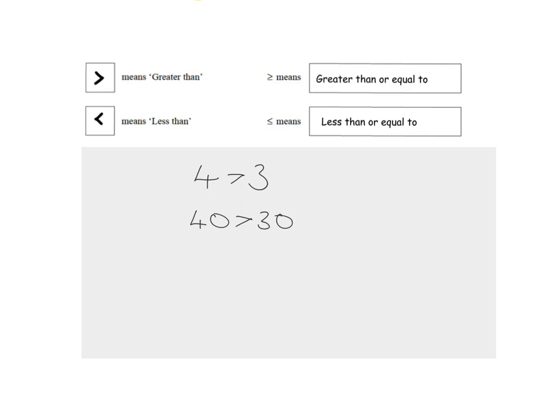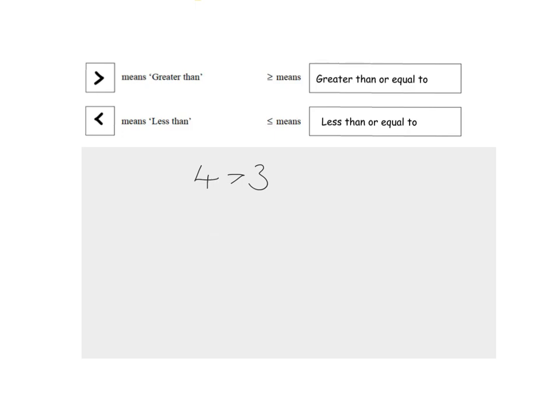So far it seems that we can apply the majority of our operations to both sides of an equation and everything's okay, the inequality doesn't change. Let's try division. So dividing both sides by 10 would give me 0.4 on the left-hand side, 0.3 on the right-hand side, and that's still true. 0.4 is greater than 0.3.